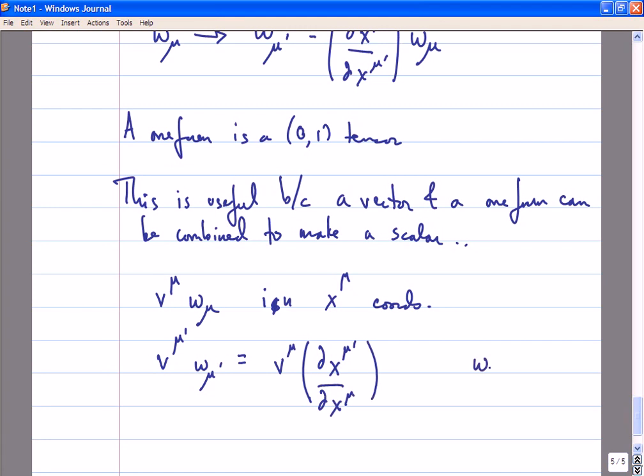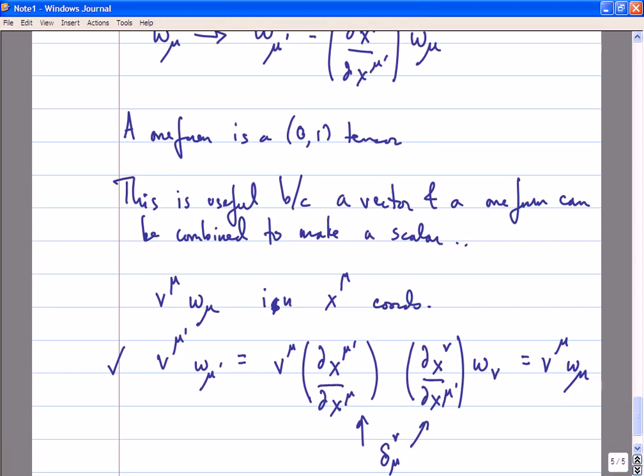I don't want to mix my indices up before their time, so I'll call this Jacobian matrix dx^nu/dx^mu' times w_nu. This Jacobian matrix is the inverse of that matrix, giving me the Kronecker delta symbol, delta^mu_nu, so that in fact mu is equal to nu in this expression, and I have v^mu contracted with w_mu, summed over mu. And so we see, indeed, that the quantity v^mu w_mu is a scalar.